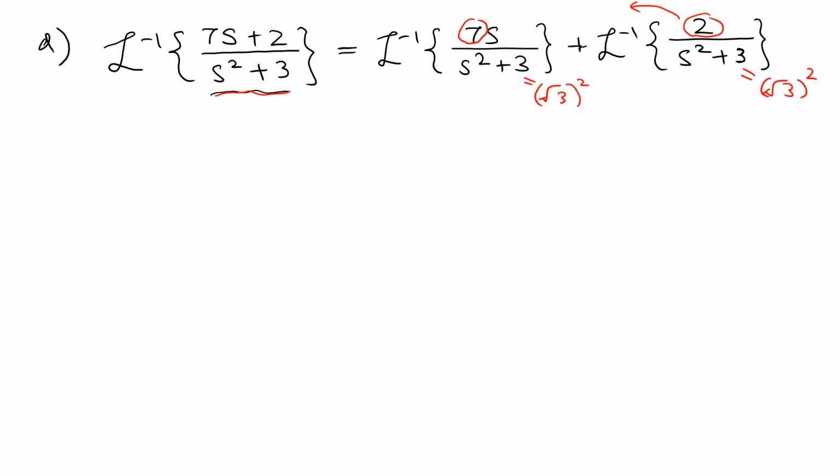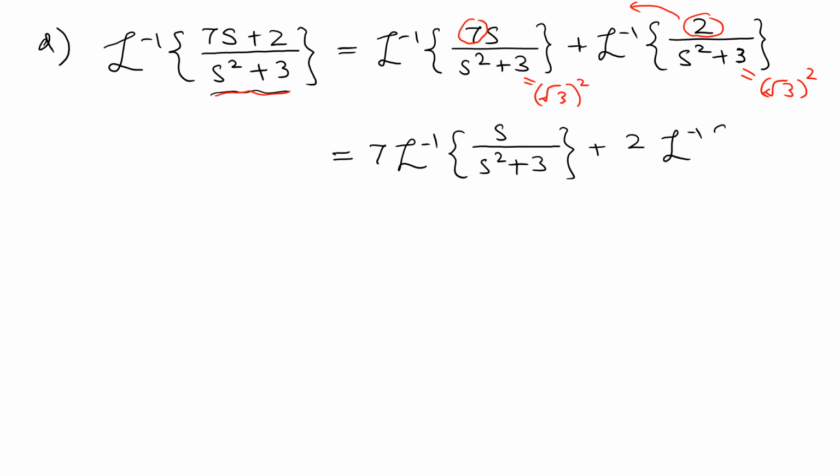So we can write it like this. First, we're going to pull 7 out, L inverse, and then we can write this one as s over s squared plus 3. So that's the first one. For the second one, we pull this 2 out first, and then L inverse.